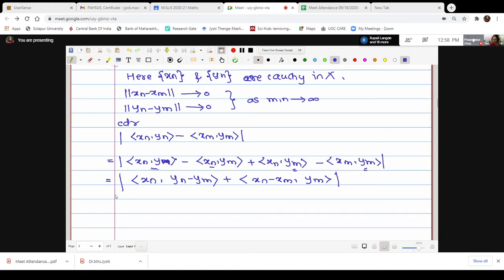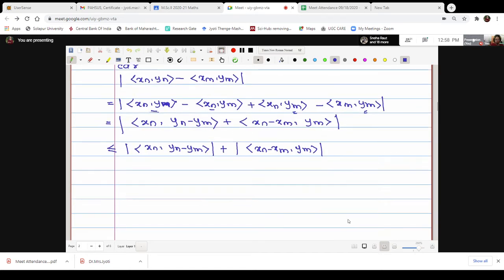Now this is an addition inside the modulus. Let me use the triangle inequality to separate the modulus. Therefore this is modulus inner product xn with yn minus ym, added with modulus inner product xn minus xm with ym. Now it's time to use the Schwarz inequality. What does the Schwarz inequality tell us? The modulus of inner product xy is less than or equal to norm x into norm y.